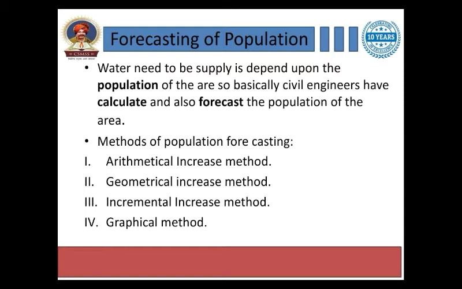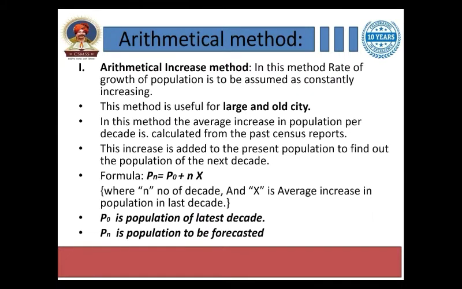We are now studying how to forecast the population using these methods. So first of all, the arithmetical increase method. Write down these formulas and explanations in your notebook, right?